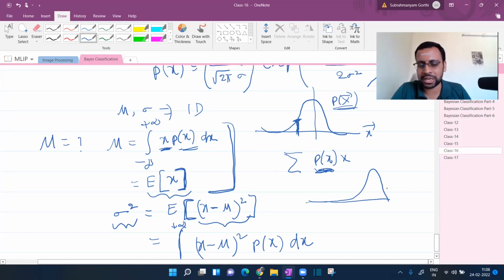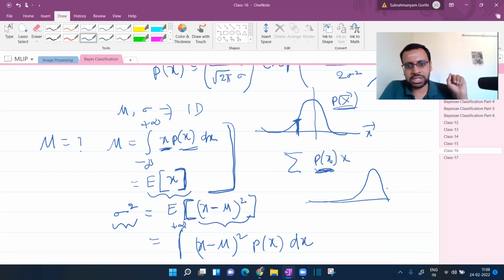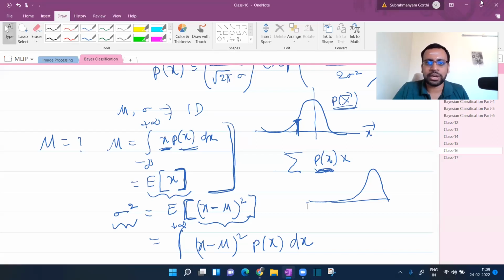Quite a few distributions are there, or it could be a non-parametric distribution. The question is, are the definitions or formulas we have worked out for mu and variance valid only for a Gaussian distribution, or are they valid for any distribution in general? So these formulas are valid for all distributions. Correct. Very good.